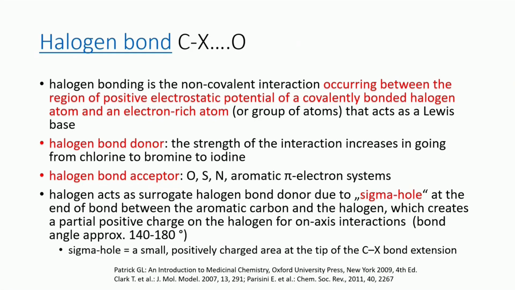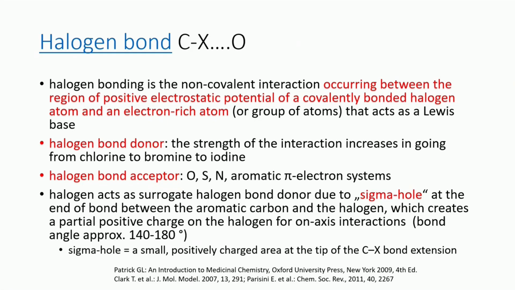The principle of the bonding is based on the fact that the halogen creates on the C-halogen bond a so-called sigma hole, which is created due to the electron displacement around the halogen atom.